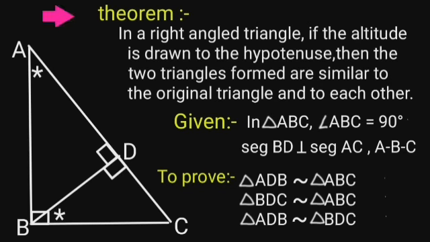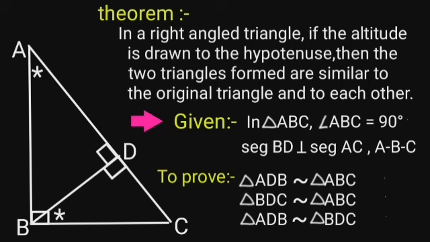Theorem: in a right angle triangle, if the altitude is drawn to the hypotenuse, then the two triangles formed are similar to the original triangle and to each other. In this figure, it is given that in triangle ABC, angle ABC is equal to 90 degrees.